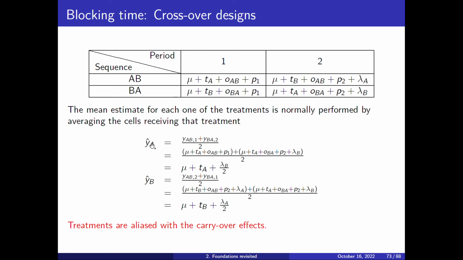So the mean of the individuals receiving A depends on A and the carryover divided by 2, and the same for treatment B. So we have the carryover of A divided by 2. So treatments are aliased or confounded with carryover effect. If the carryover is important and there is not sufficient washout, then we will have a distorted measure of the effect of A and B.